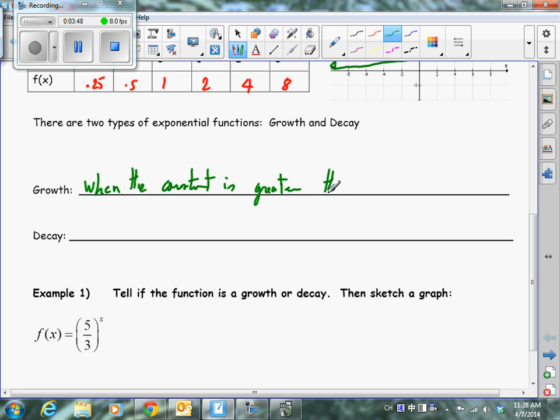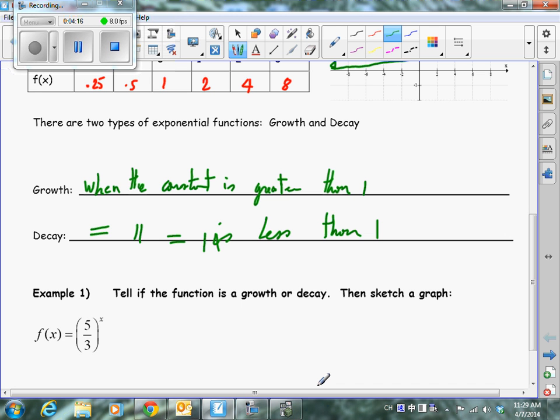If it equals 1, then it doesn't change, because 1 to any power is 1. Keep that in mind. Decay is when the constant is less than 1, and growth is when the constant is greater than 1.